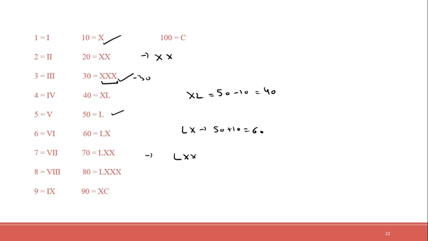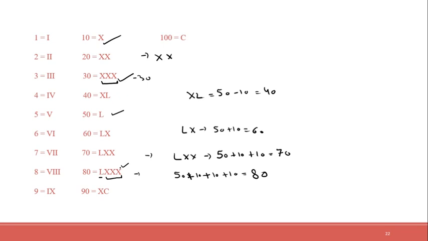70, tell me what is this? This is 50 plus 10 plus 10, that is 70. 80, 50 plus 10, not multiply, plus 10 and plus 10. If we sum it, we'll get 80. Remember, we cannot repeat a number more than 3 times, but we can write different numbers.